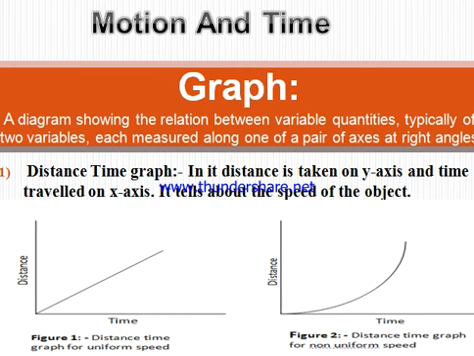Now the examples to show the motion. To show the motion, there are three general types we can use: a graph, a bar graph, or a pie chart. Here I am using the distance-time graph. Here we have two axes. In maths you have also studied graphs.